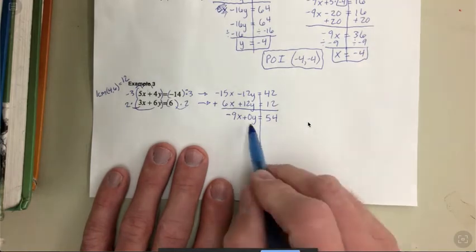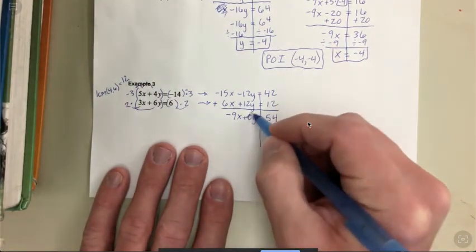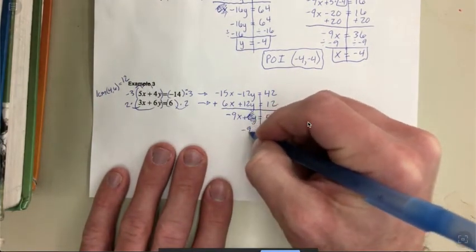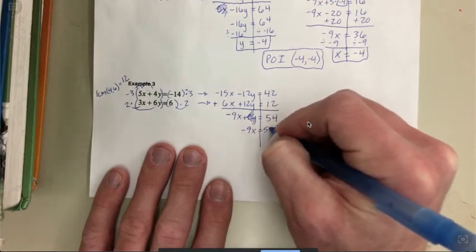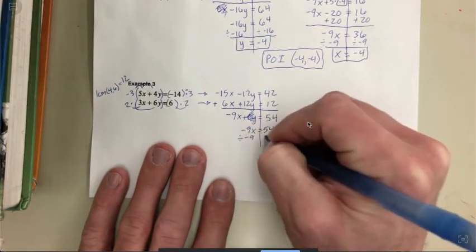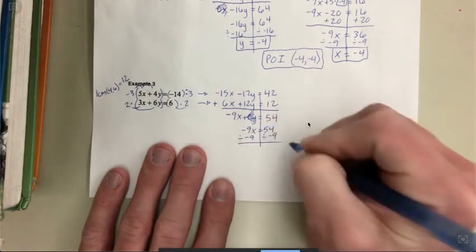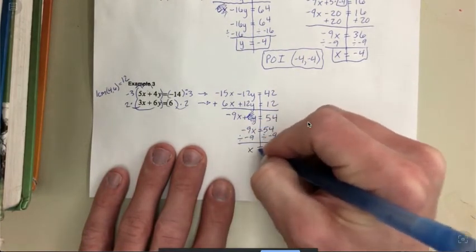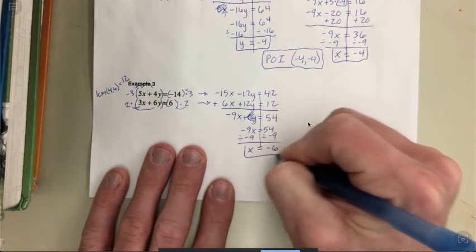All right, and now I have a 0y that's effectively been eliminated. So now I have negative 9x equals 54. I'll divide by negative 9, divide by negative 9, and I'll get x equals negative 6.